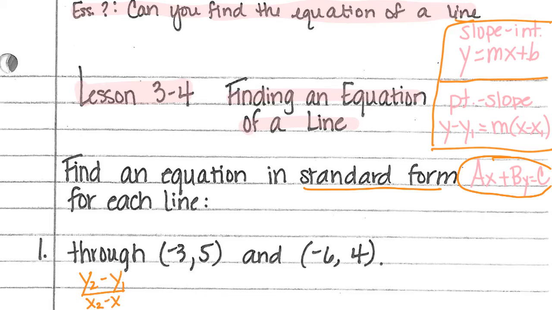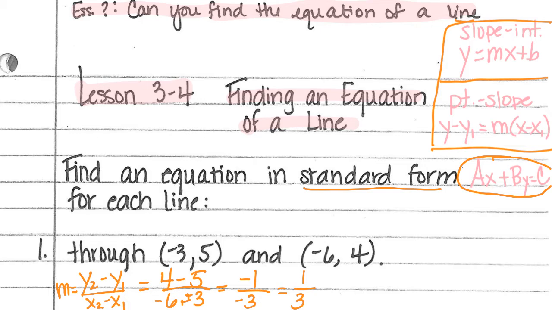So I'm writing the equation for slope up in orange, and let's go ahead and plug in numbers. 4 minus 5, negative 6 minus a negative 3. 4 minus 5 is negative 1. Negative 6 plus 3 is negative 3. So the slope of this is 1/3.